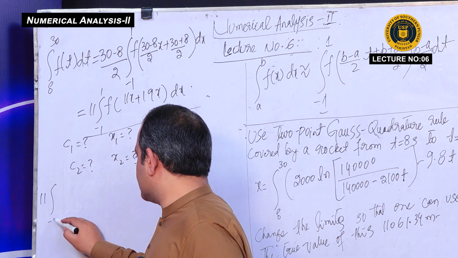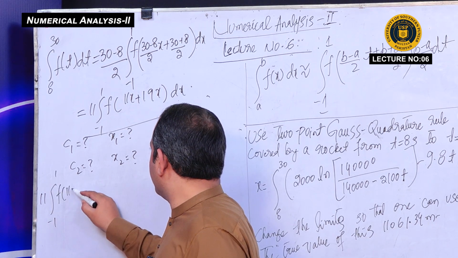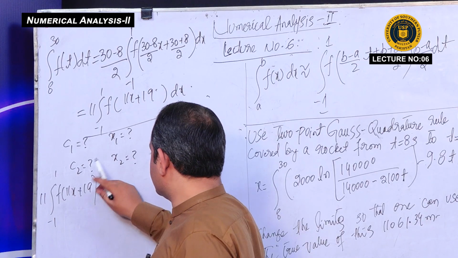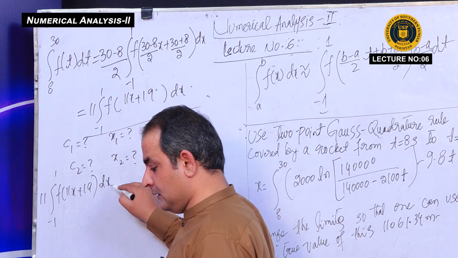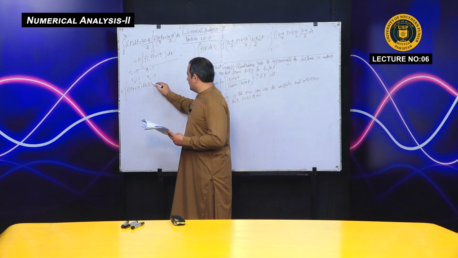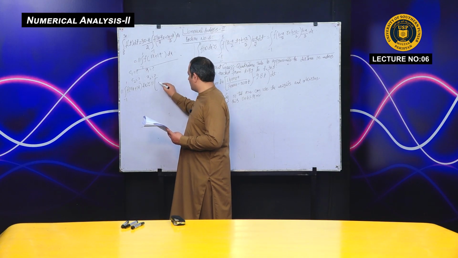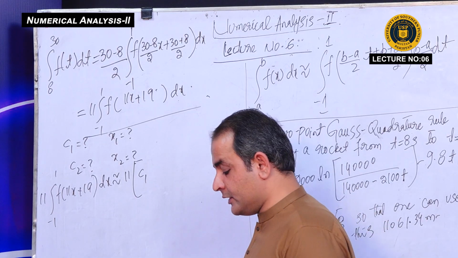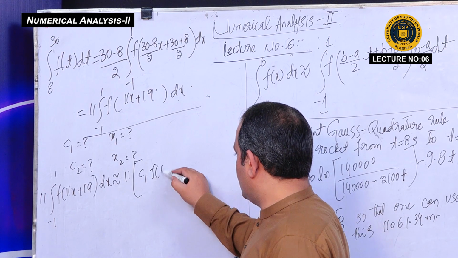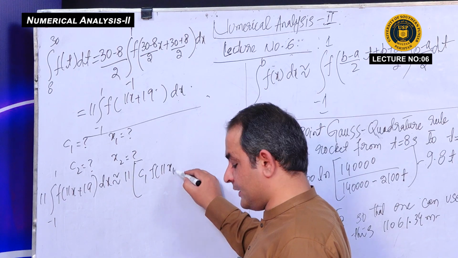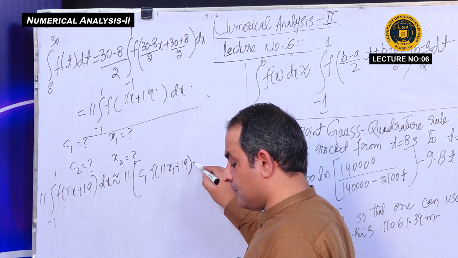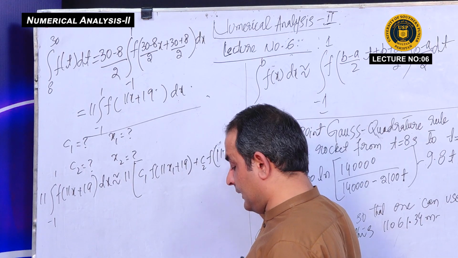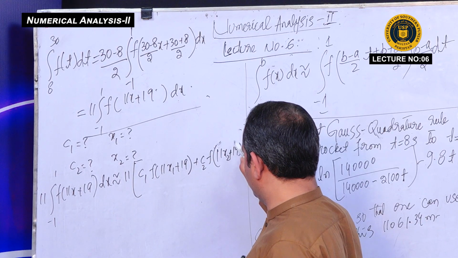That shall be the integral from -1 to 1 of f of 11x plus 19 dx, equals 11 common, so on this the two-point Gaussian quadrature formula will be 11 times c1 f of 11 x1 plus 19 plus c2 f of 11 x2 plus 19.